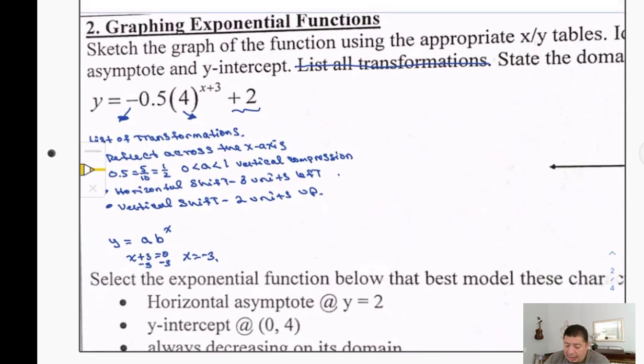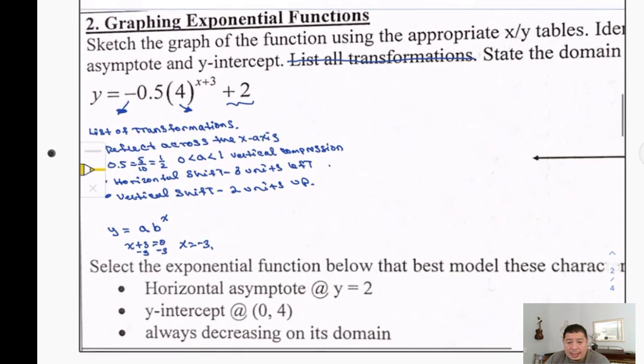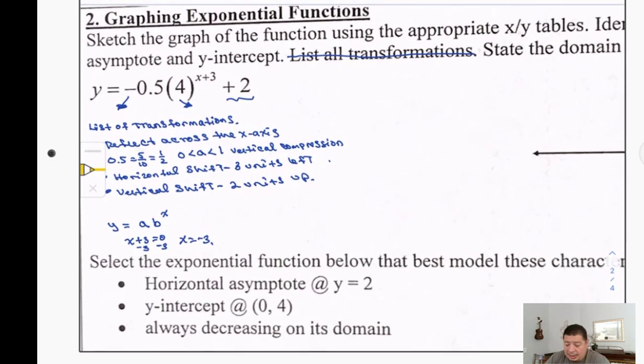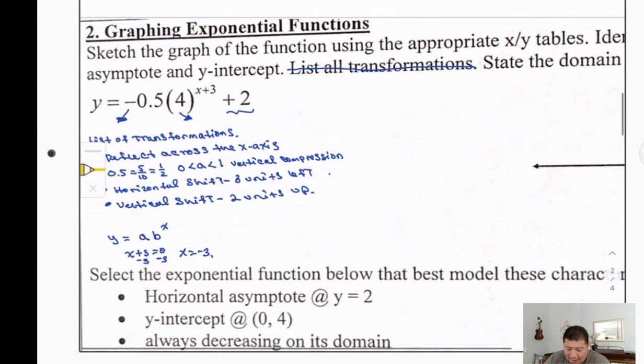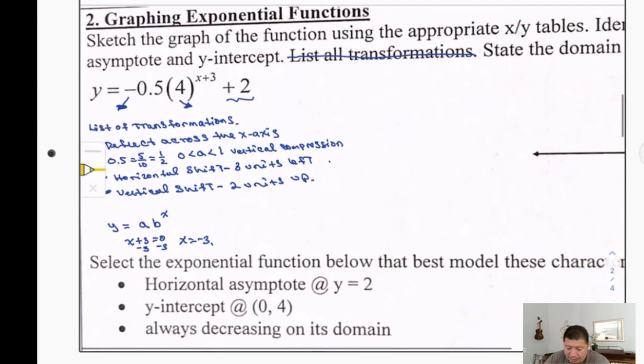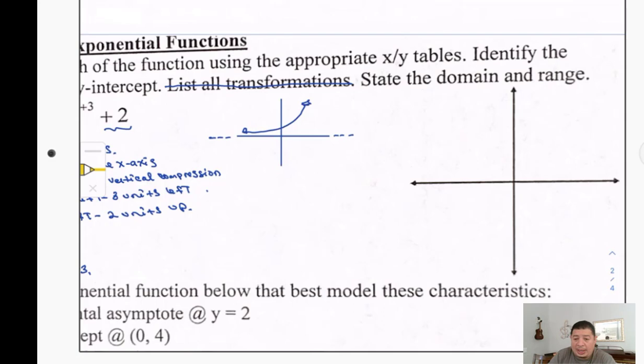Okay, so before we state the domain and the range, I want us to come up with a table of values. But let's plot our shifts first. Keep in mind that the original graph for exponential growth is going to look something like this, and there exists an asymptote where y is equal to 0.